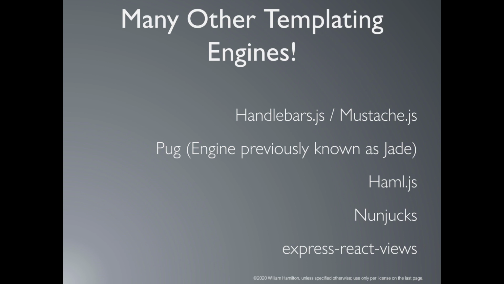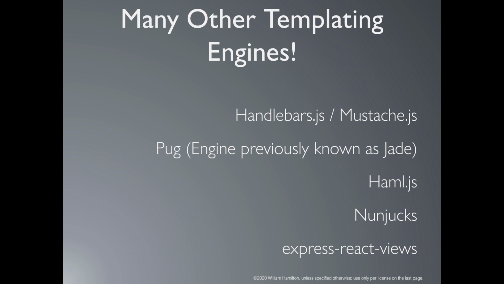You have handlebar.js, mustache.js, which is named that because its escape characters use a lot of curly brackets, which look like mustaches. Pug, which was previously known as Jade, doesn't actually even look like HTML. It uses tag names without any of the angle brackets. Its syntax looks a little weird to me.